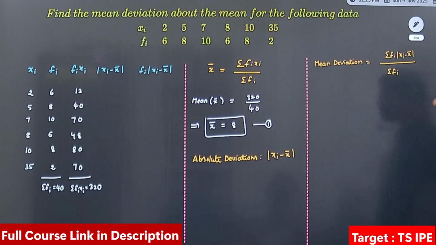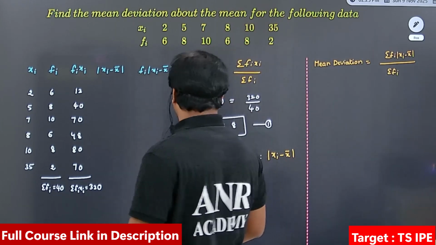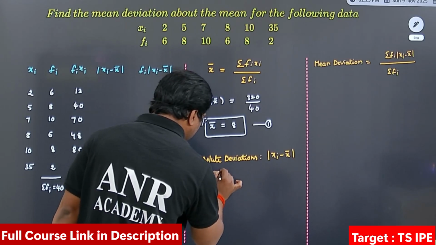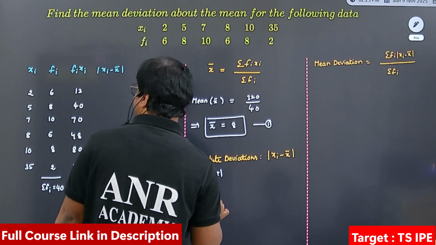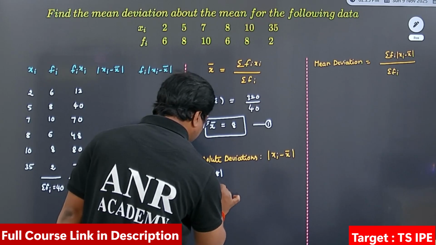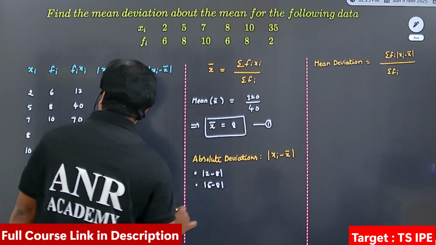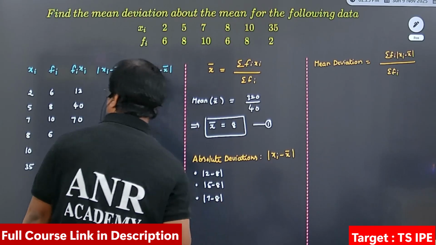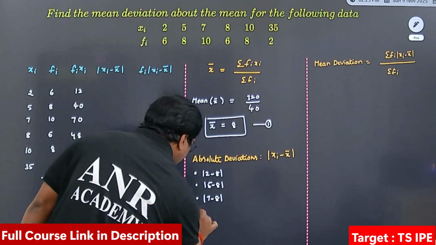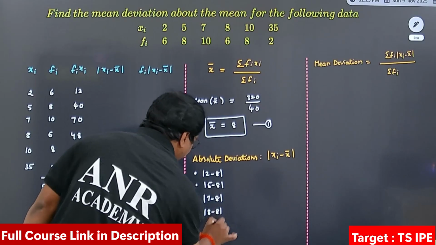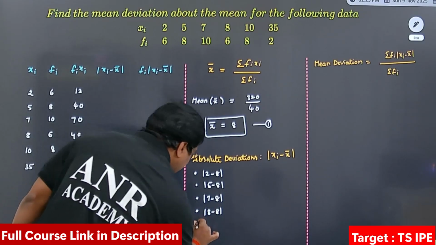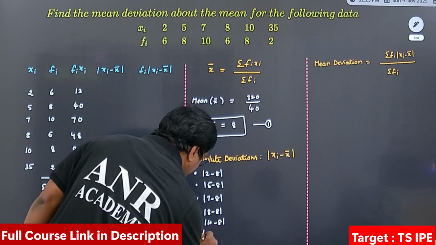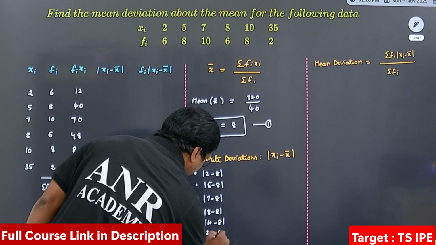That is, first entry 2 minus 8, second one 5 minus 8, and then 7 minus 8, after that 8 minus 8, next 10 minus 8, last one 35 minus 8.